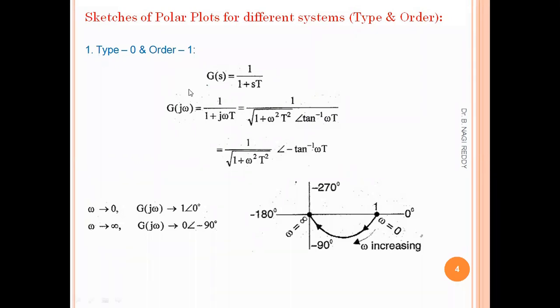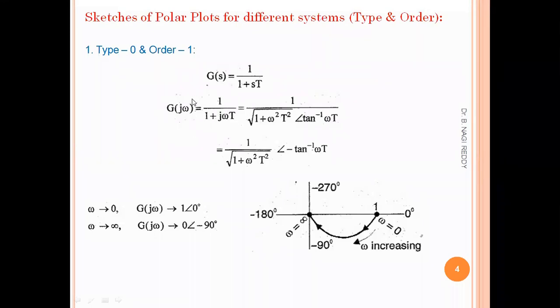Now you can see the frequency domain representation is shown here. This representation is also called the sinusoidal representation. So G(j omega) = 1/(1 + j omega T).